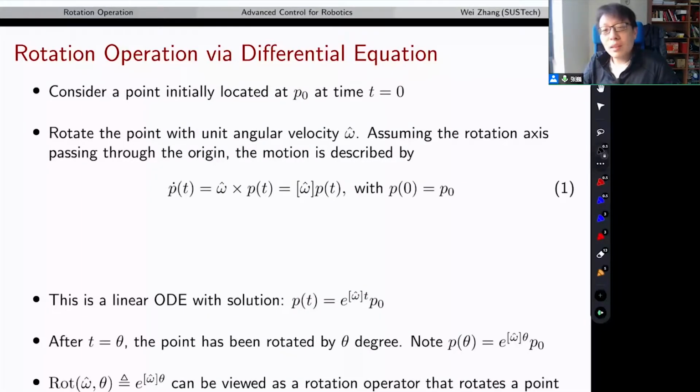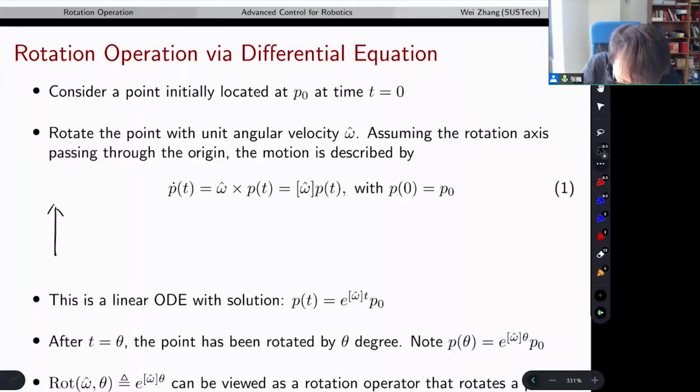You want to rotate something from an initial point about a certain axis for a certain angle, and you end up at another point. We want to consider this whole physical process through a differential equation view. Let's see how it works.